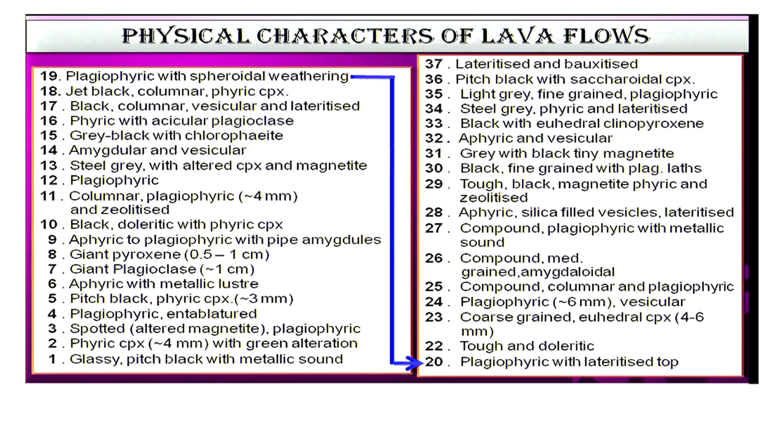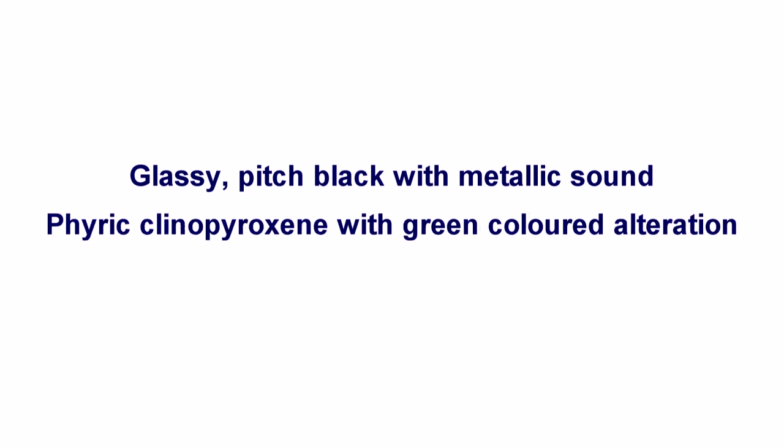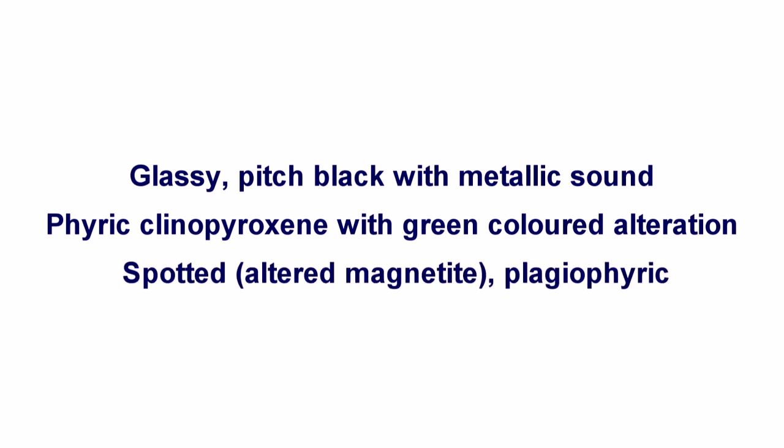There is a variety of morphological characters and technical terms that have been developed by which you can distinguish one lava flow from another, such as glassy, pitch black with metallic sound. Some lava flows, when you strike them with a hammer, give a metallic sound. Ferric means large size pyroxene crystals with green colored alteration products. Spotted magnetite crystals. Plagiophyric means you have clusters of large plagioclase crystals in one place.